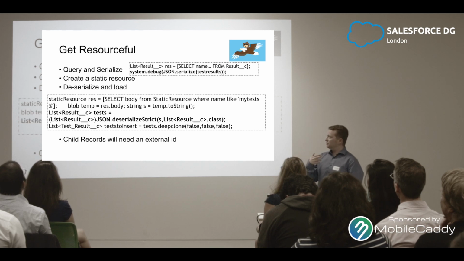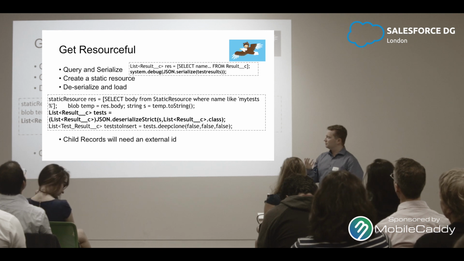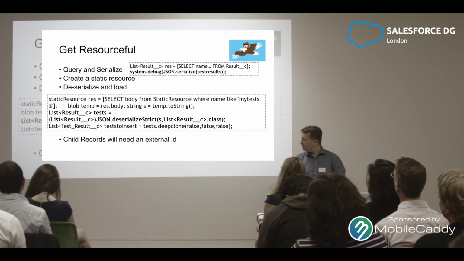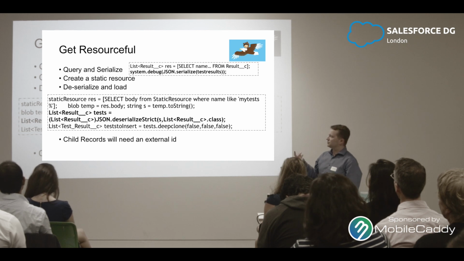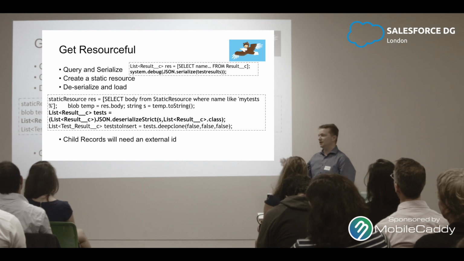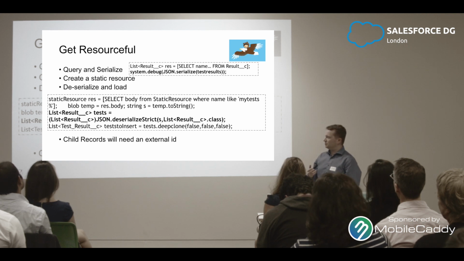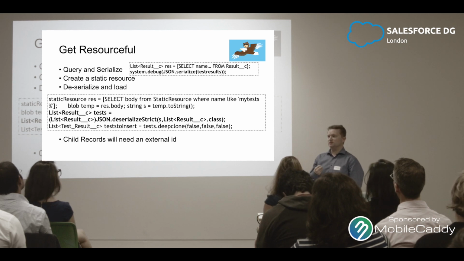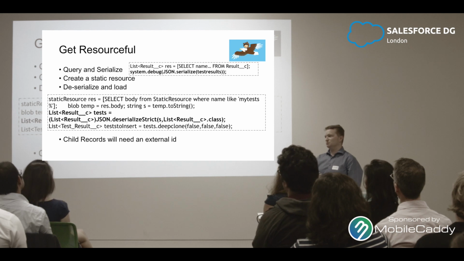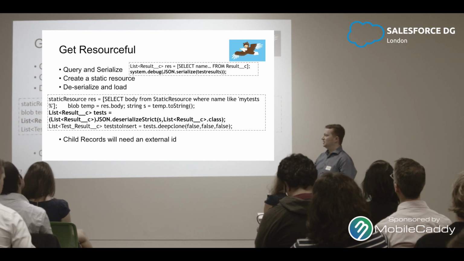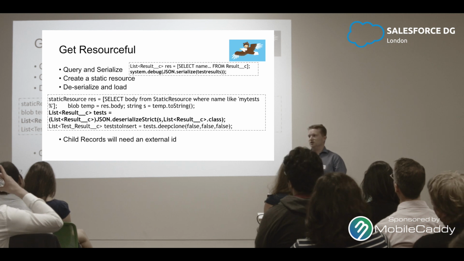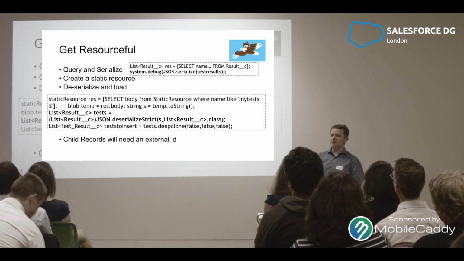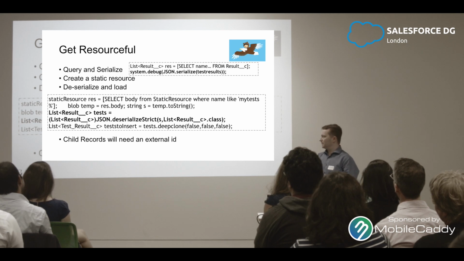I'm then going to deserialize this back into its object, and then I'm going to do a deep clone on this list, so that I can remove any IDs that have come across from production and insert those records. You can do this if maybe you're working with a set of accounts and you need to replicate the structure of those accounts. Maybe you want to work with that hierarchy. And if you are going to load child records, it's probably worth considering using external ID so that you can map the two things back together again.